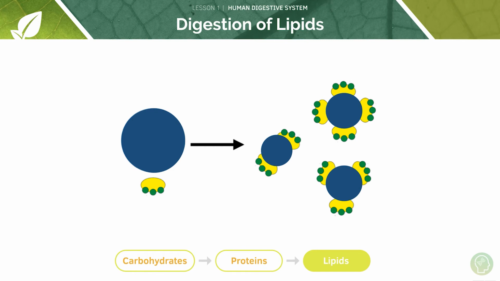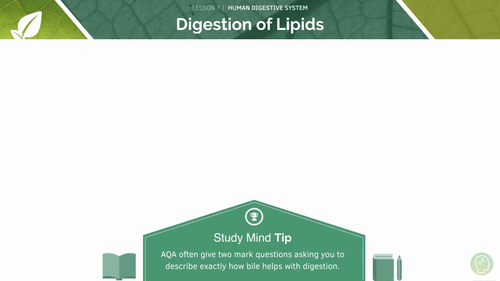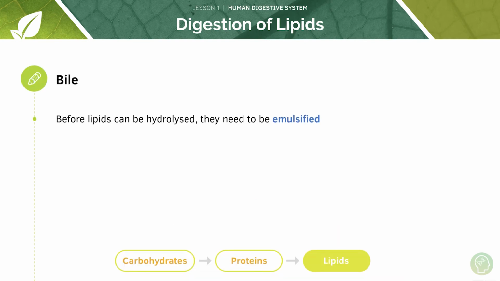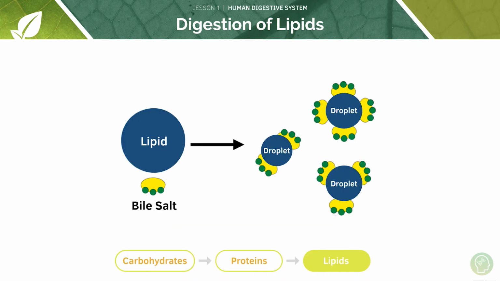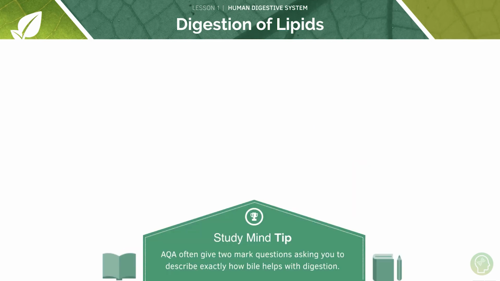So emulsification is the process by which large lipids are broken into tiny lipid droplets. That's really important for you to remember, and this is a really easy 2-marker that AQA can ask you.